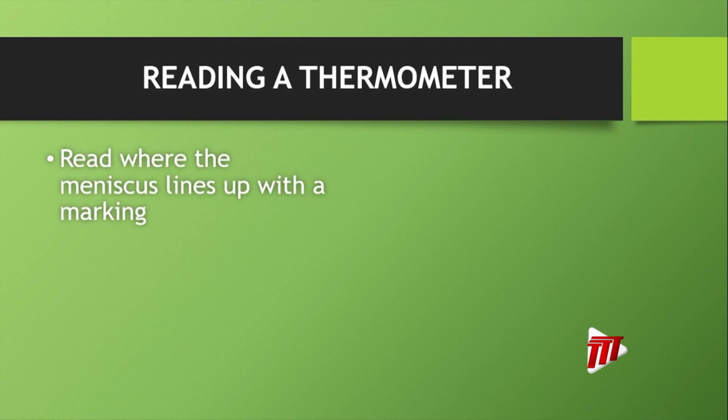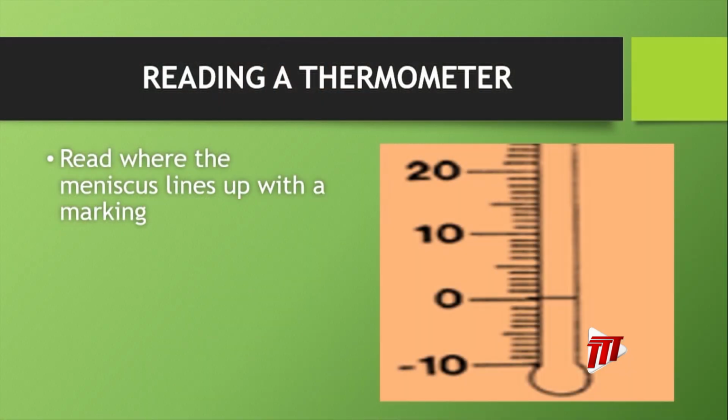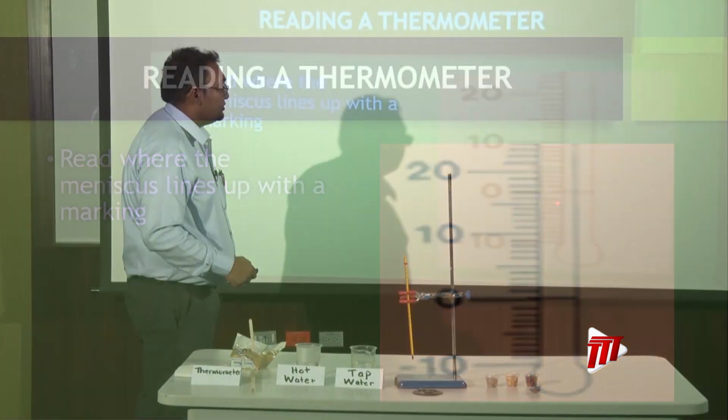And we come across the word meniscus. Again, that's where a liquid in a container gets that little curve. So we use the meniscus to line up the mark to give the reading. So we have a diagram here. Again, it's a bulb underneath, and we have the markings.